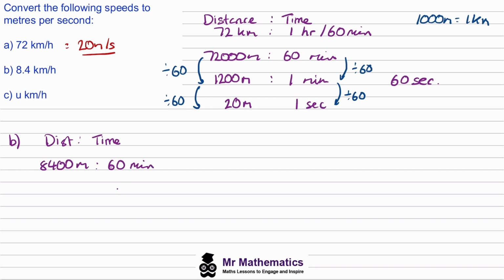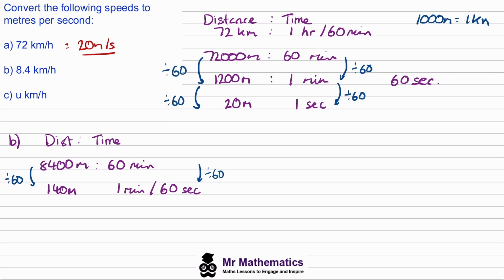Now we need to work out the distance in 1 minute, so we'll divide both sides of this ratio by 60. And 8,400 divided by 60 will give us 140.